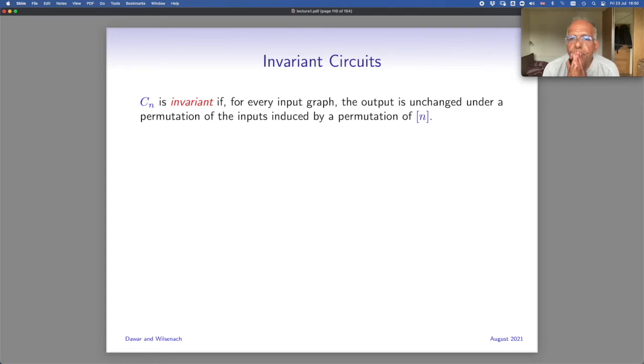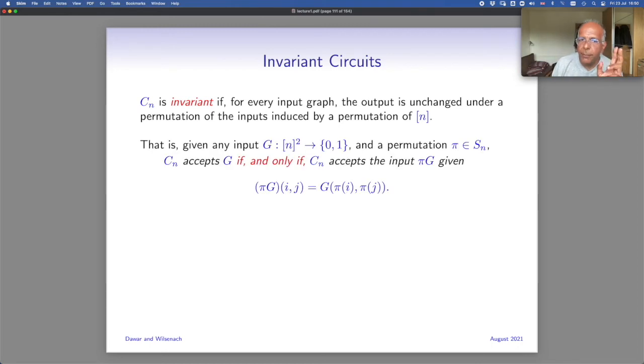Now, not every such family of circuits decides a graph property, for the reason we've alluded to before, namely, you can have more than one string encoding the same graph, and the circuit might give us different results. So we say the circuit is invariant if this doesn't happen. That is, if you permute the inputs by a permutation of n, then the result is unchanged.